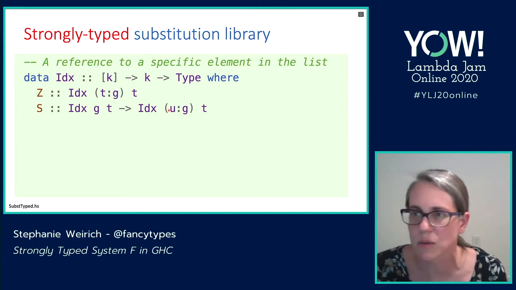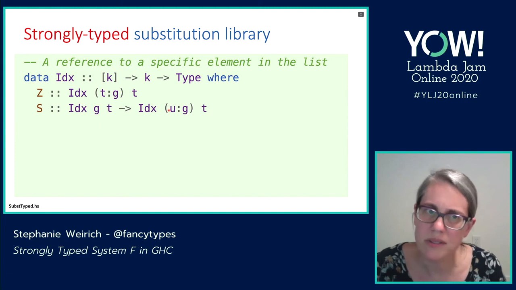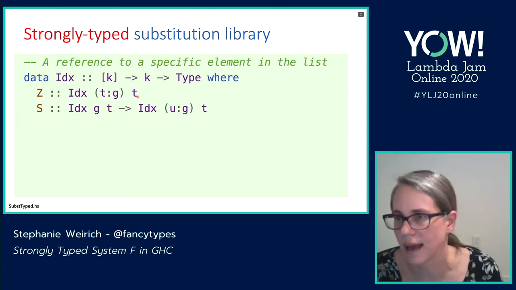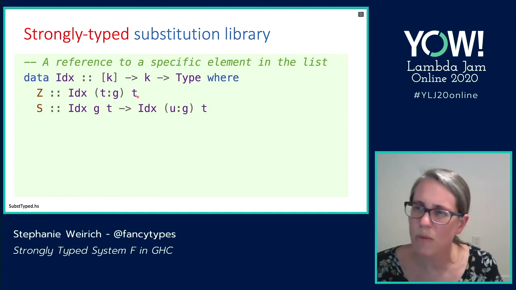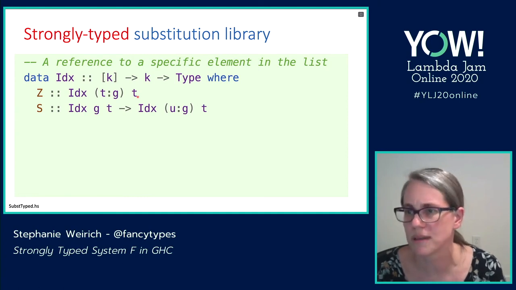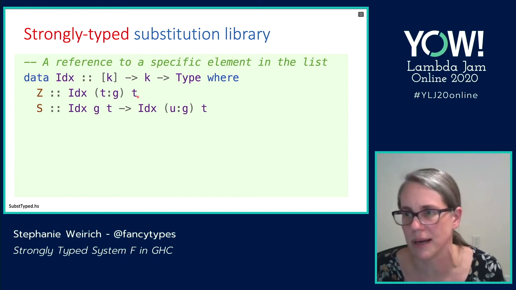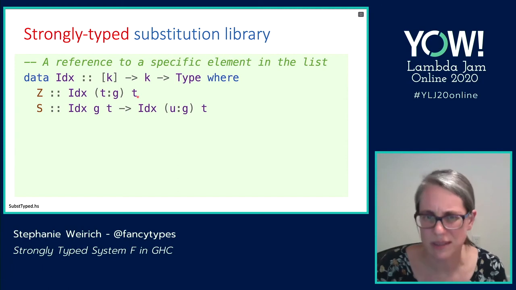So this is going to give us a proof that every index is going to be in bounds in this list, and the second component is going to be the type that it's looked up with that index. And so this is exactly what we need to be able to represent well-typed variables, variables that are well-typed within some typing context.